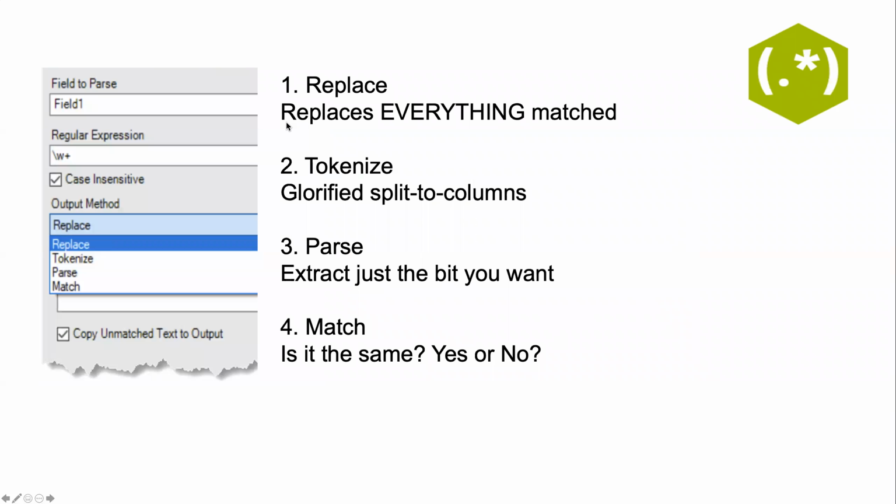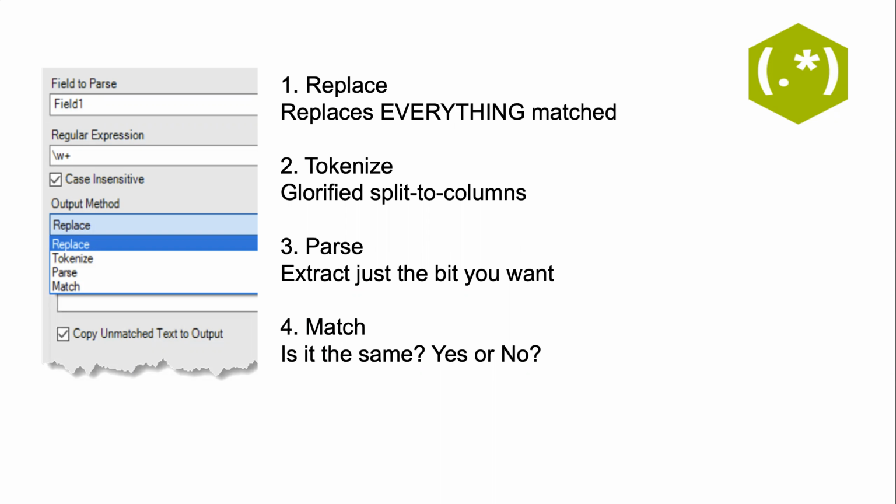The first one is the replace. With this one, it will replace everything that matches your regex statement. The second is the tokenize. This one, I really like it. It's a glorified split to column. You have this tool in Alteryx, split to column, where you use a delimiter.